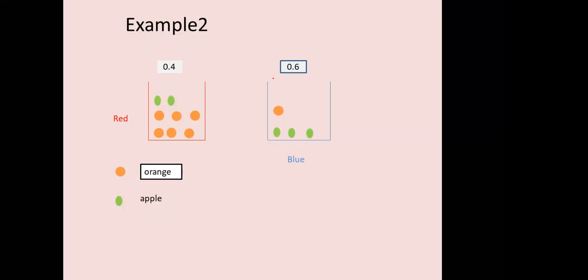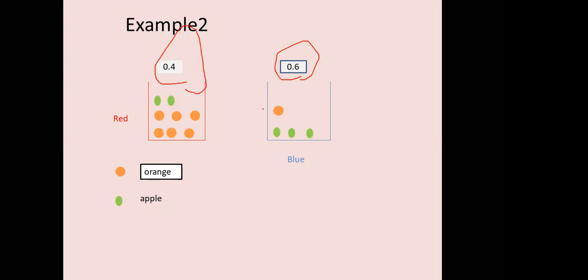We see that the blue basket is picked slightly more times than the red basket. Therefore, we pick the blue basket with probability 0.6 and the red basket with probability 0.4. That is, we have some prior information about the probability with which the blue and red baskets are picked.